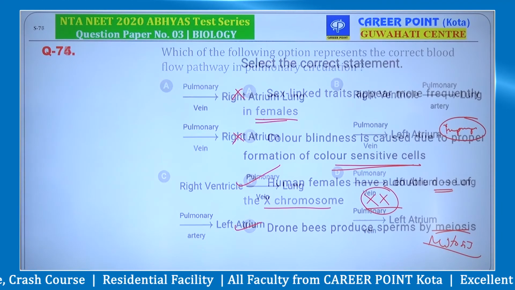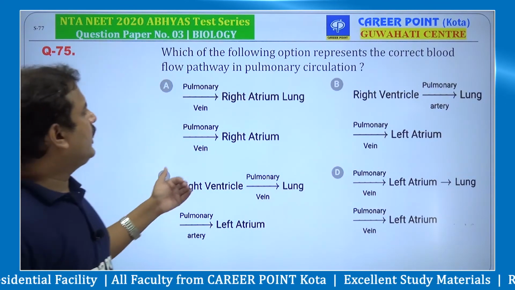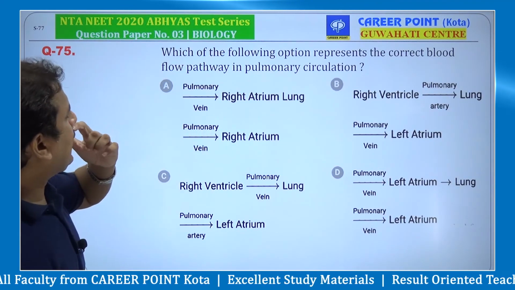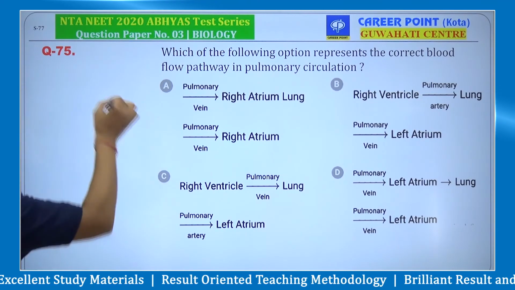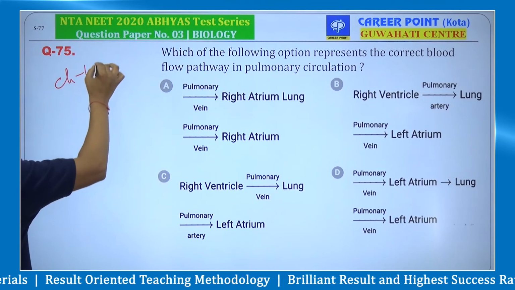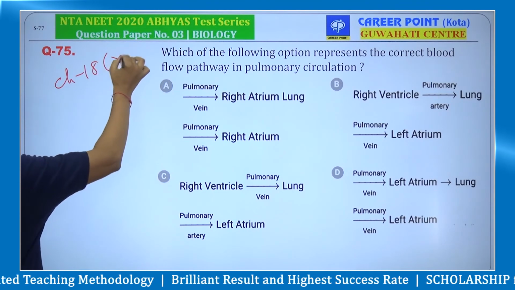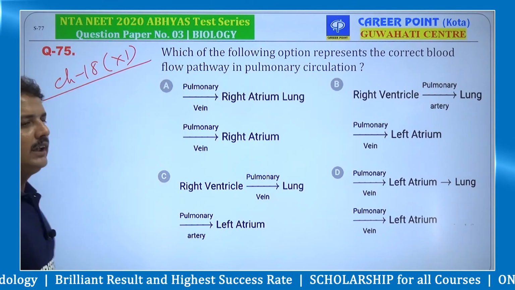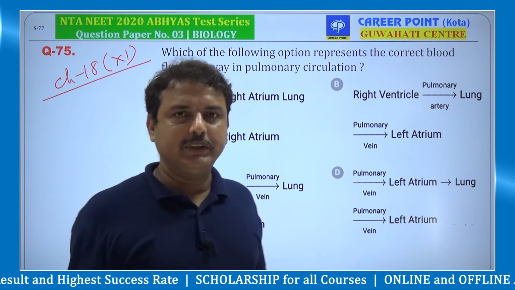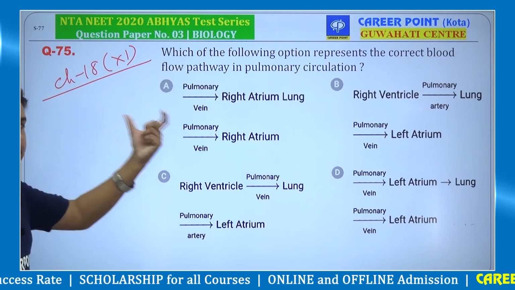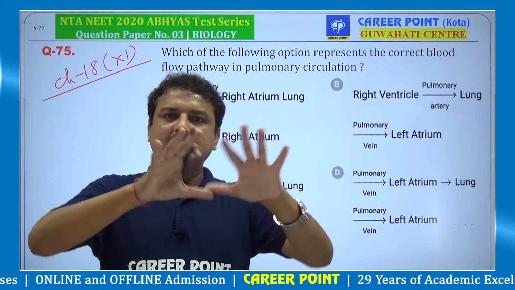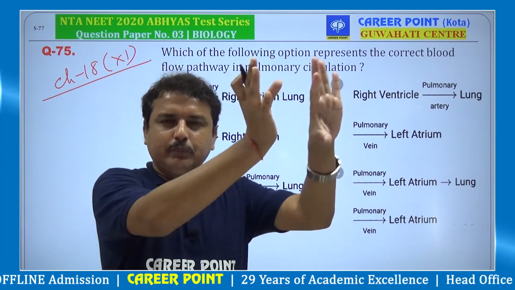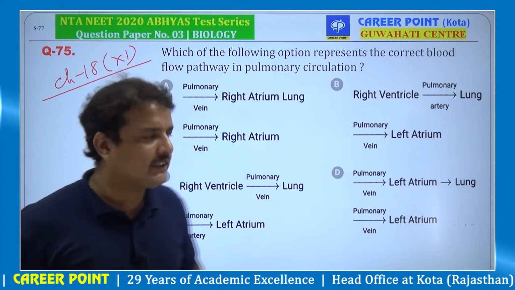Next question. Which of the following options represents the correct blood flow pathway? Pulmonary circulation is a part of double circulation, chapter 18, class 11, body fluids and circulation. Clear? Double circulation means the blood enters the heart twice. It has two parts, pulmonary circulation and systemic circulation.